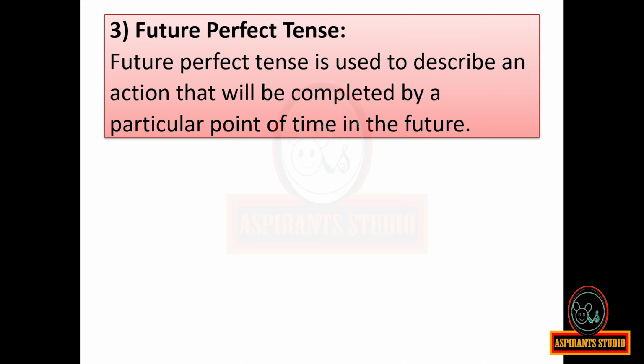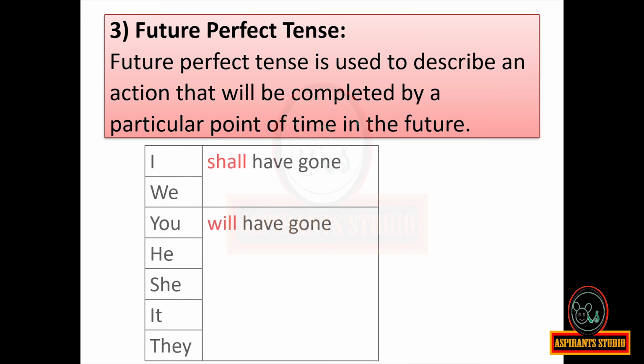Future perfect tense. Future perfect tense is used to describe an action that will be completed by a particular point of time in the future. Example, I, we shall have gone.